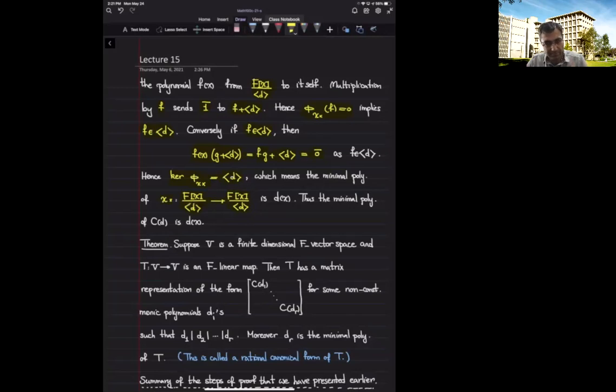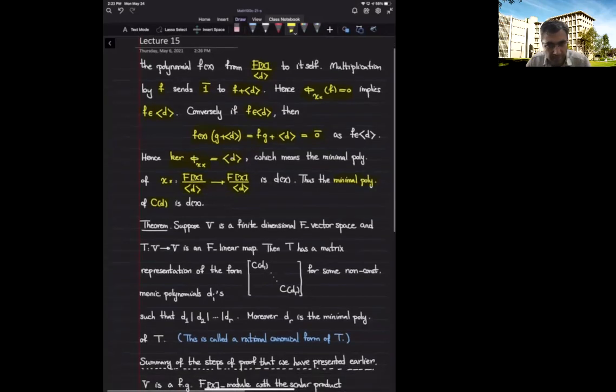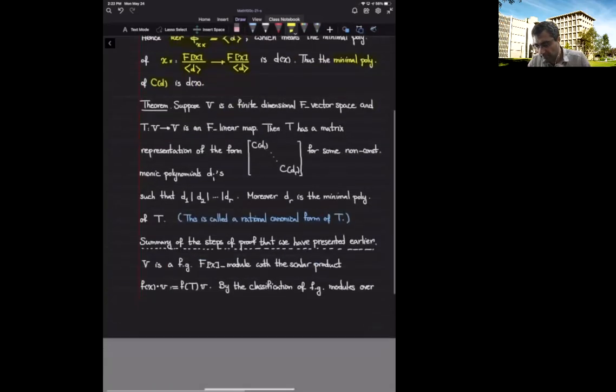That means, knowing that d is a monic binomial, that the minimal binomial of this linear transformation is nothing but the companion of d. So altogether, we have two results now that I'm going to summarize in the following theorem: if V is a finite dimensional F vector space, then T has a matrix representation with respect to some basis.